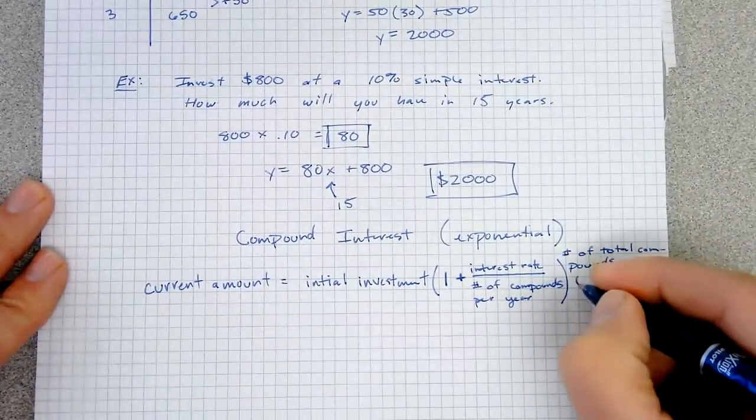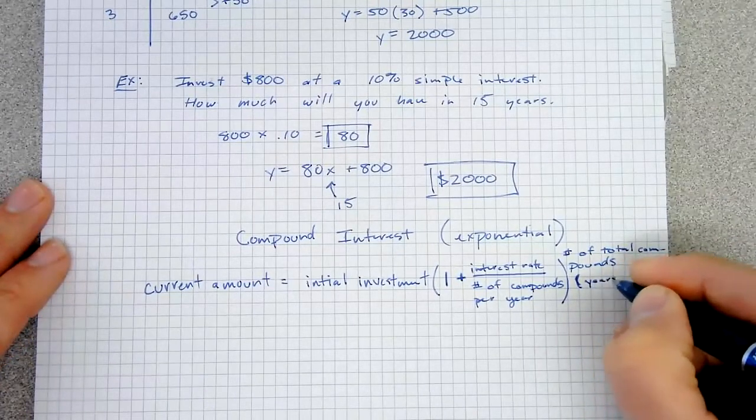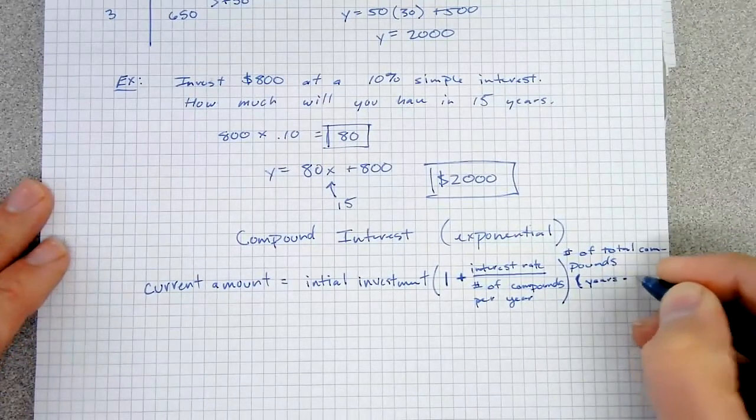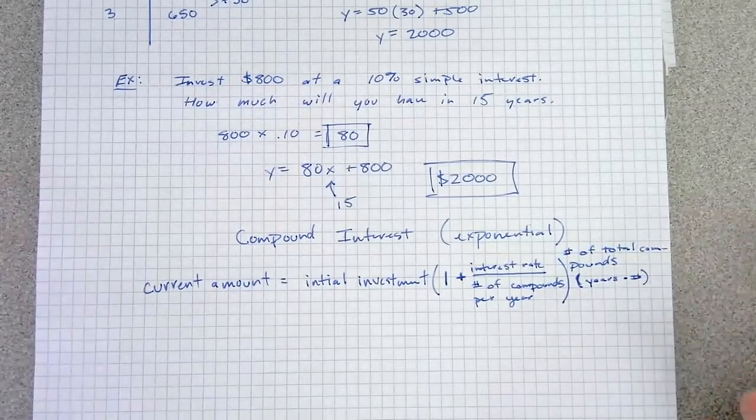Usually that's our years times how often we're compounding per year, the number of compounds per year.